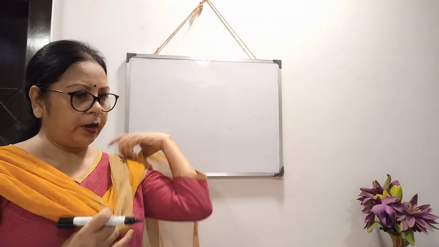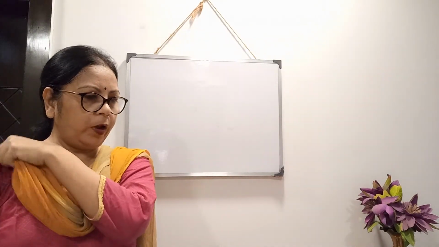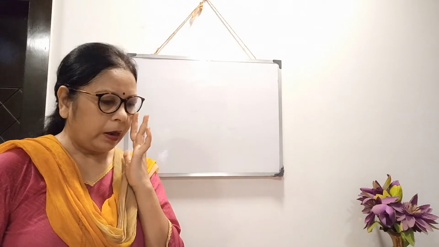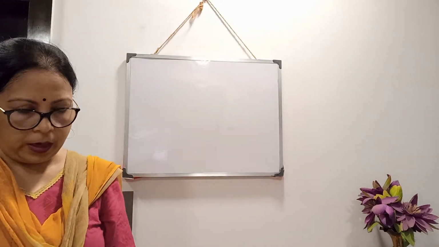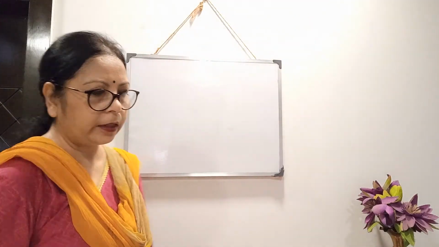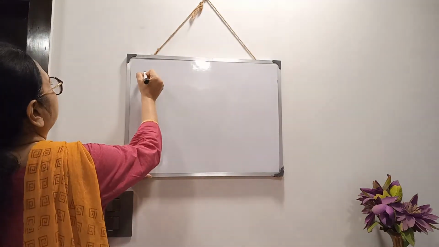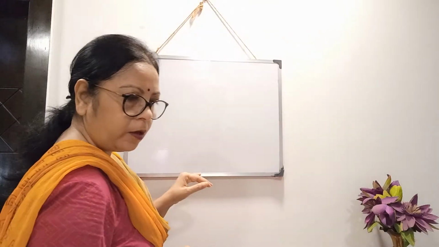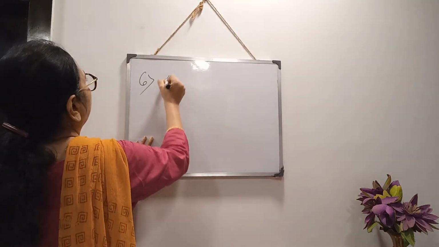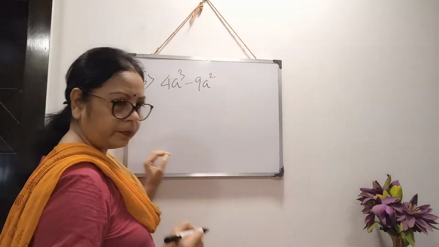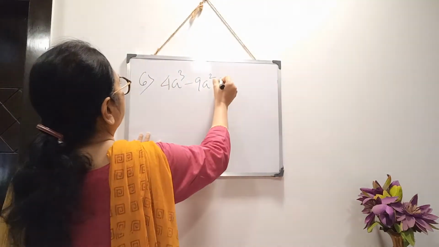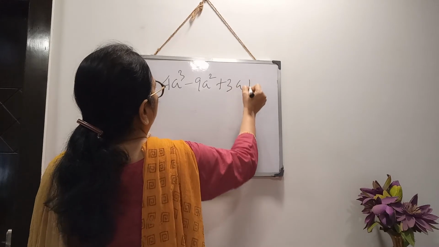Till now I have done by using cubic formula as it was possible. Now if the sum is this type, you see, number 6, 4a cube minus 9a square plus 3a plus 2.